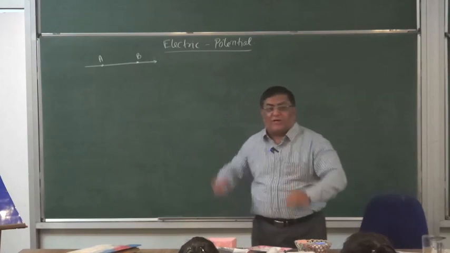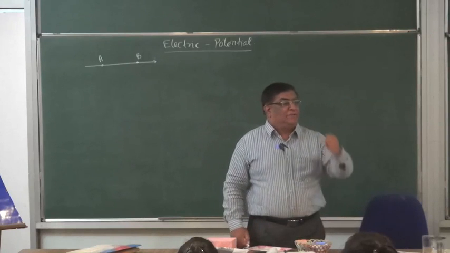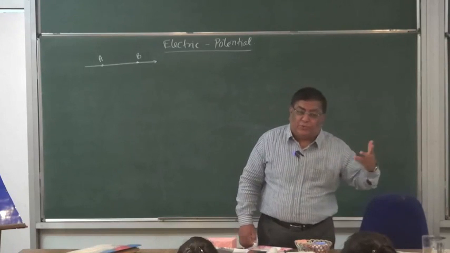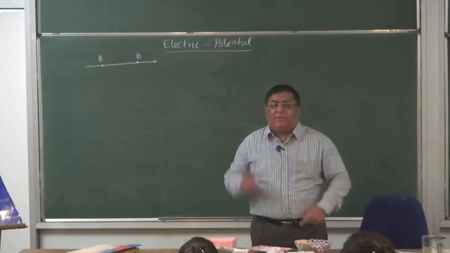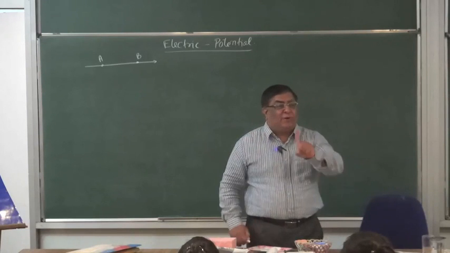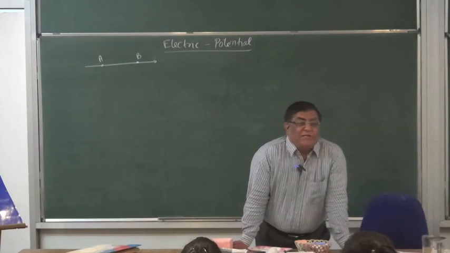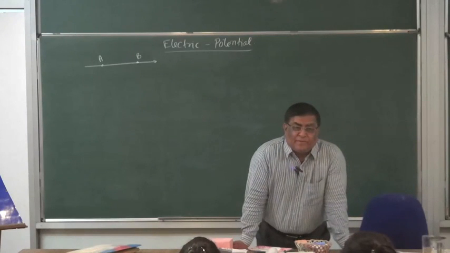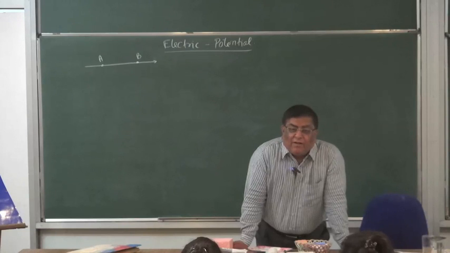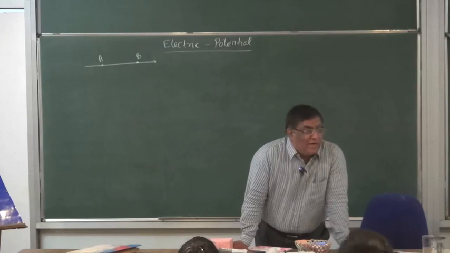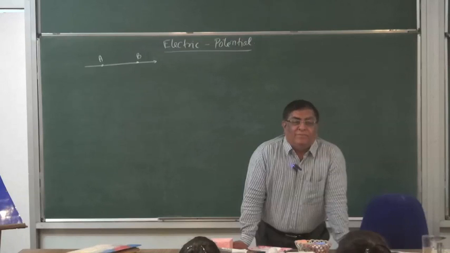If I place the charge at B, what is the possibility of achieving energy? 60 joules. So I will say the potential of A is 100, the potential of B is 60. I don't put a charge anywhere. Still, A and B have potential.